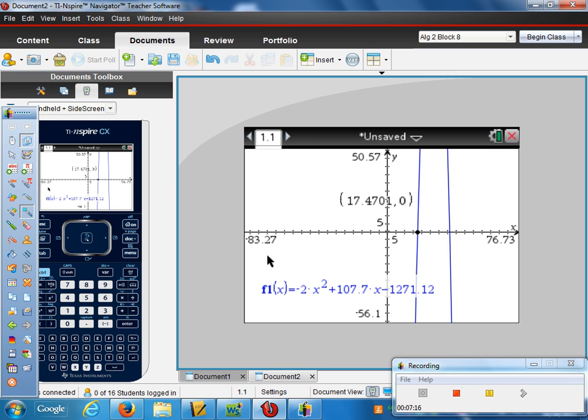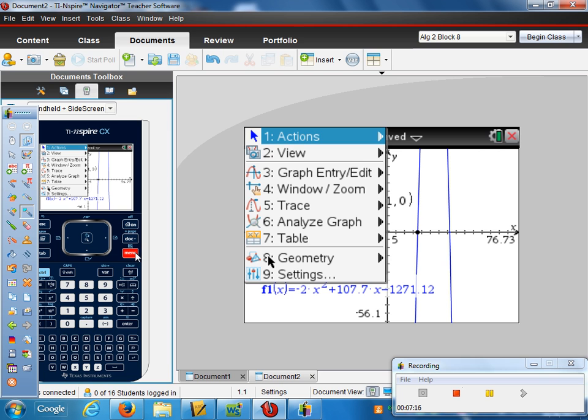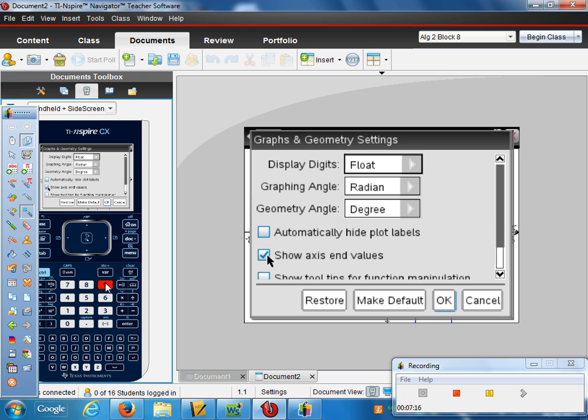Okay, we're going to fix this decimal issue on the graphs permanently. You're going to go to Menu, and at number 9, you're going to see Settings. You go to Settings, Display Digits, it should say Plain Float. Yours probably says Float 3. Put it on Plain Float, and then go down and hit Make Default.